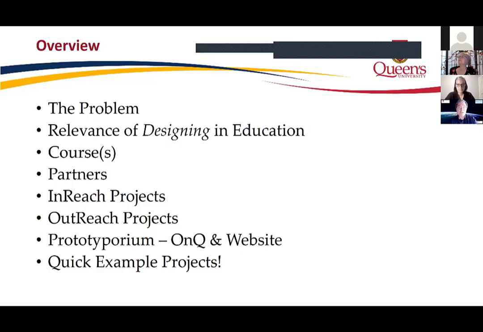Two types of projects that we did. One we called inreach, the other we called outreach. And a word I made up, and I own the URL for, so it's mine. And just that idea of prototyping being an activity that students can engage in. I'll try to give you two quick examples at the end, but I'm probably going to run out of time.